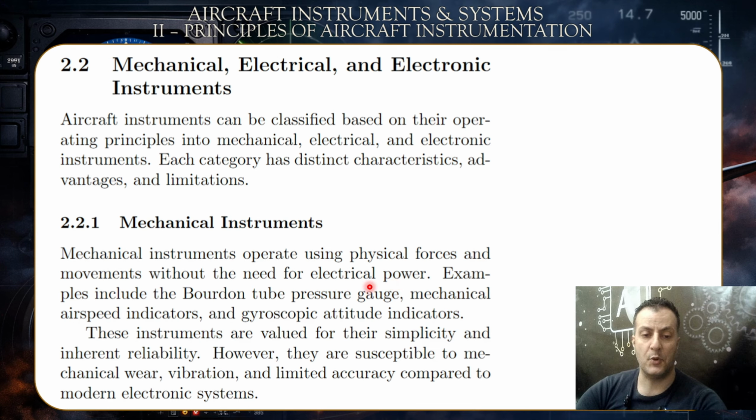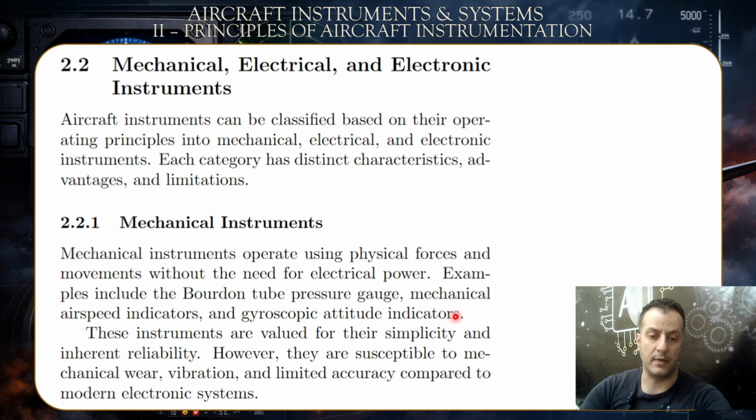Examples include the Bourdon tube pressure gauge, mechanical airspeed indicators, and gyroscopic attitude indicators. They display the values mechanically. These instruments are valued for their simplicity and reliability.